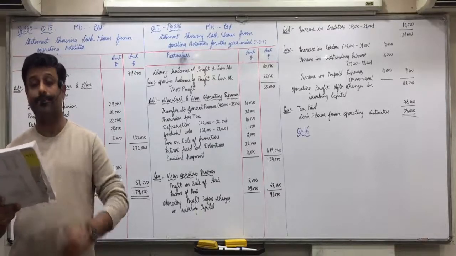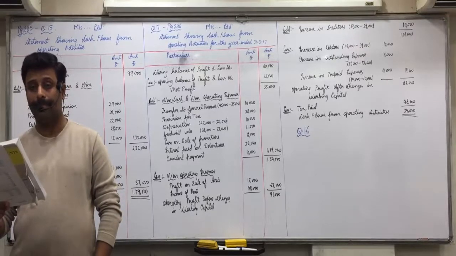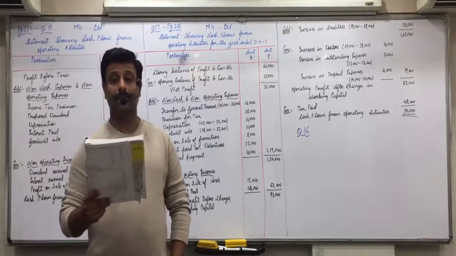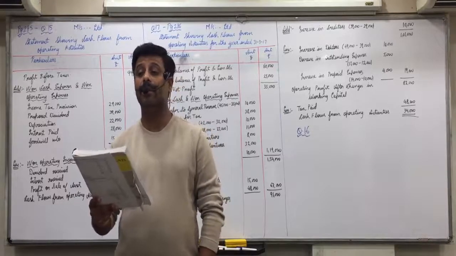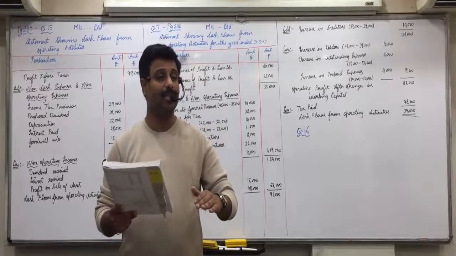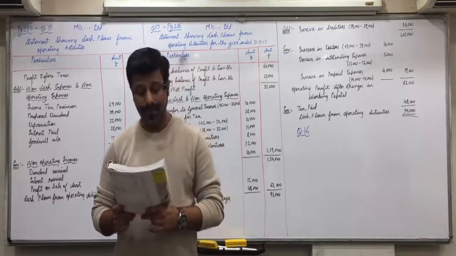Debtors, O plus. Debtors on the left side CA, current assets are inverse relation. 90 to 50, it is decreasing, inverse, so O plus. Is everyone clear with this?